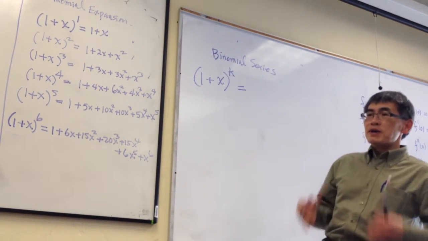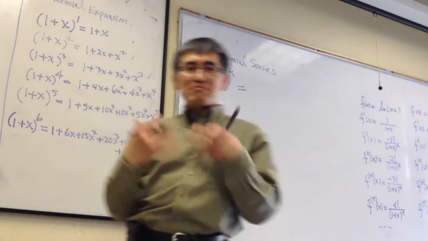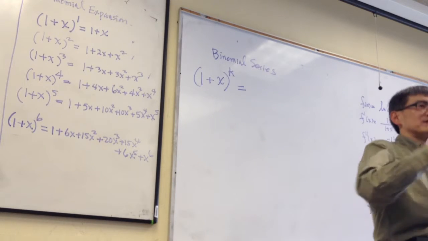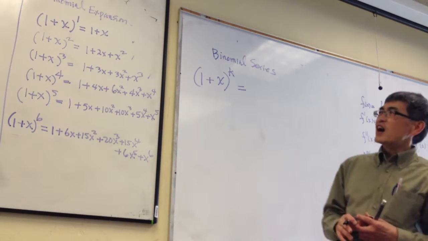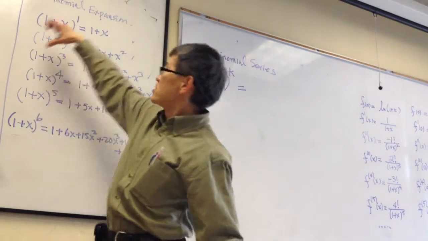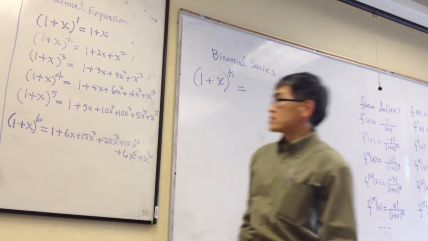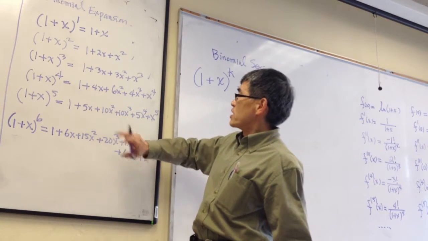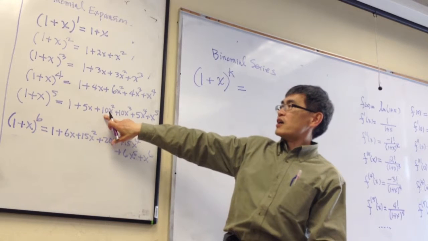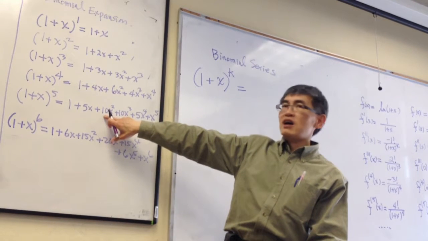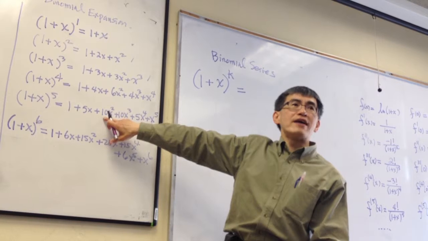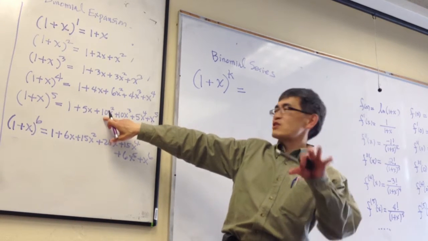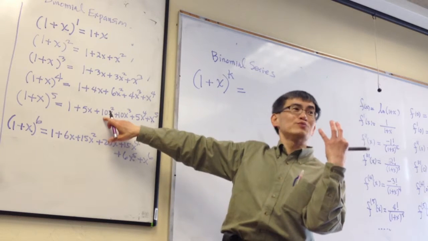There's some combinatorial meaning to it, and combinatorics is the art of counting without really counting. These are combinatorial factors. For example, this 10 has to do with having 5 balls in a box, numbered 1, 2, 3, 4, 5, and grabbing a handful of 2.